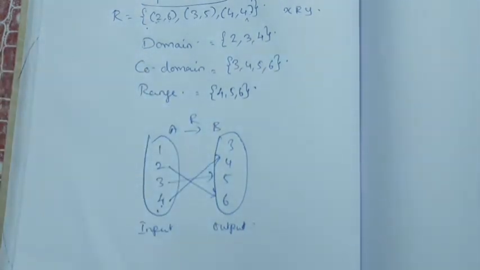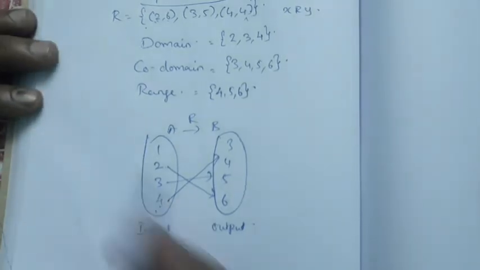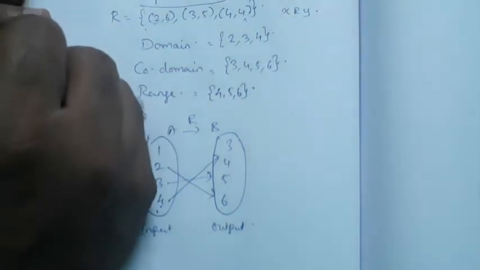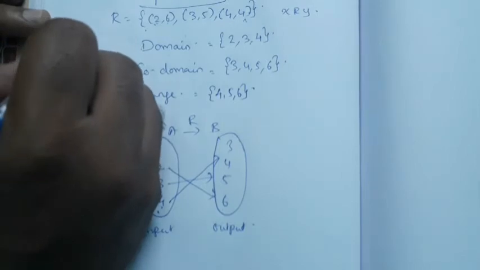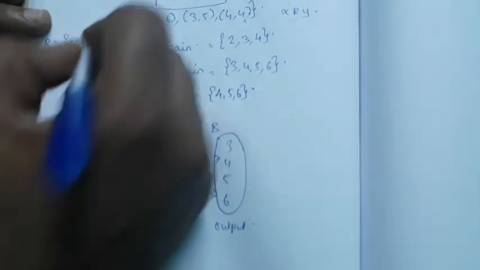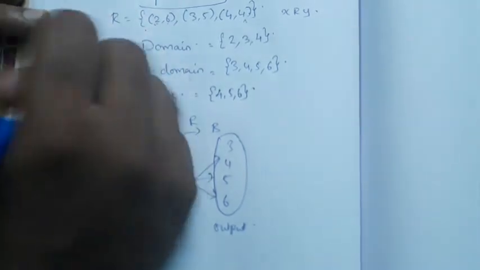Clear with the idea, children? Right. And all of these concepts are also explained in set builder form. Domain is nothing but R equals x is related to, that is, x belongs to A, such that, here we have no space, I'll write it here.